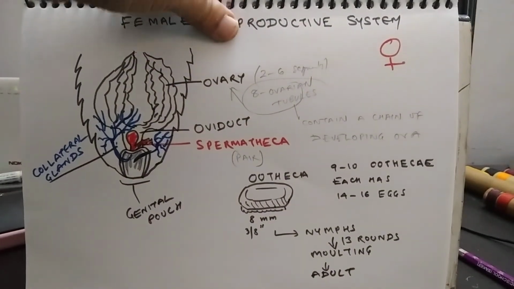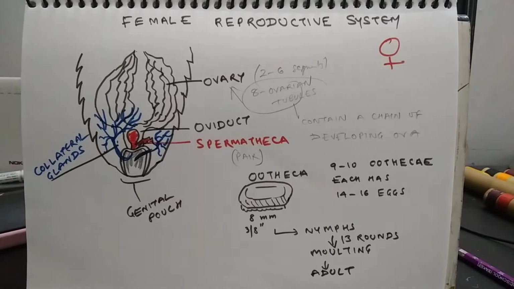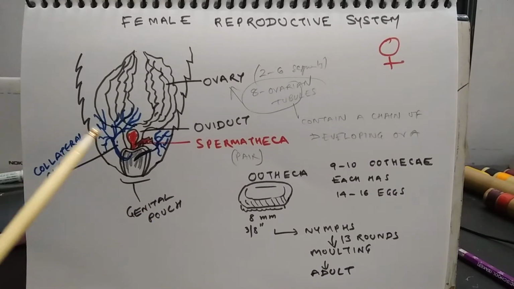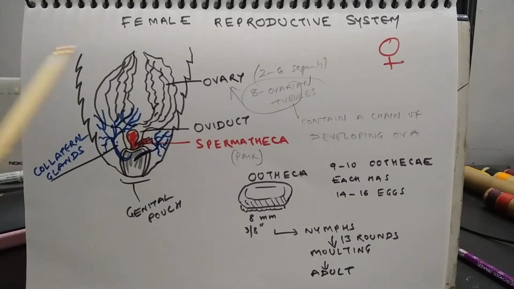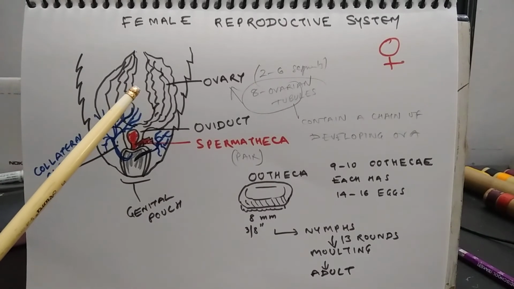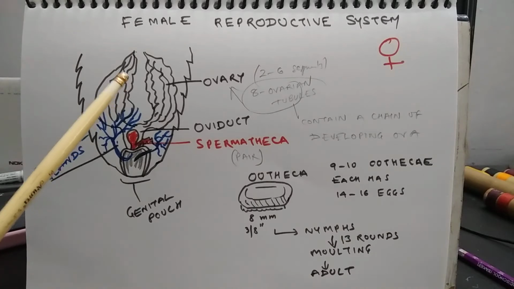Now, this figure shows the female reproductive system of cockroach, and the female reproductive system contains a pair of ovaries, then oviducts, a pair of spermatheca, a genital pouch, and some collateral glands. The ovaries lie between the 2nd and 6th segment.